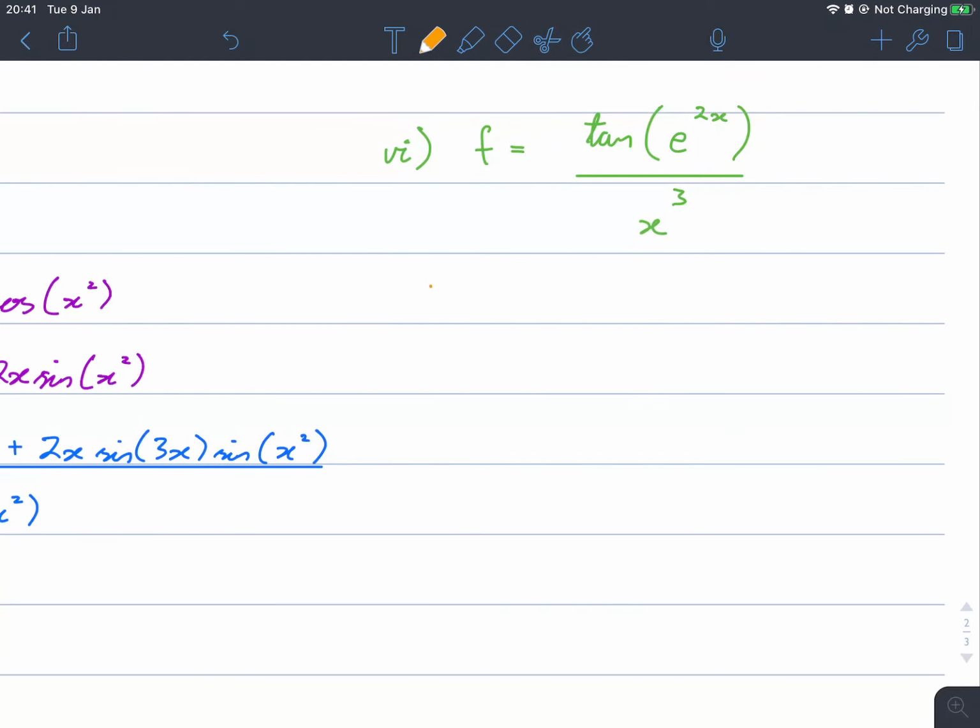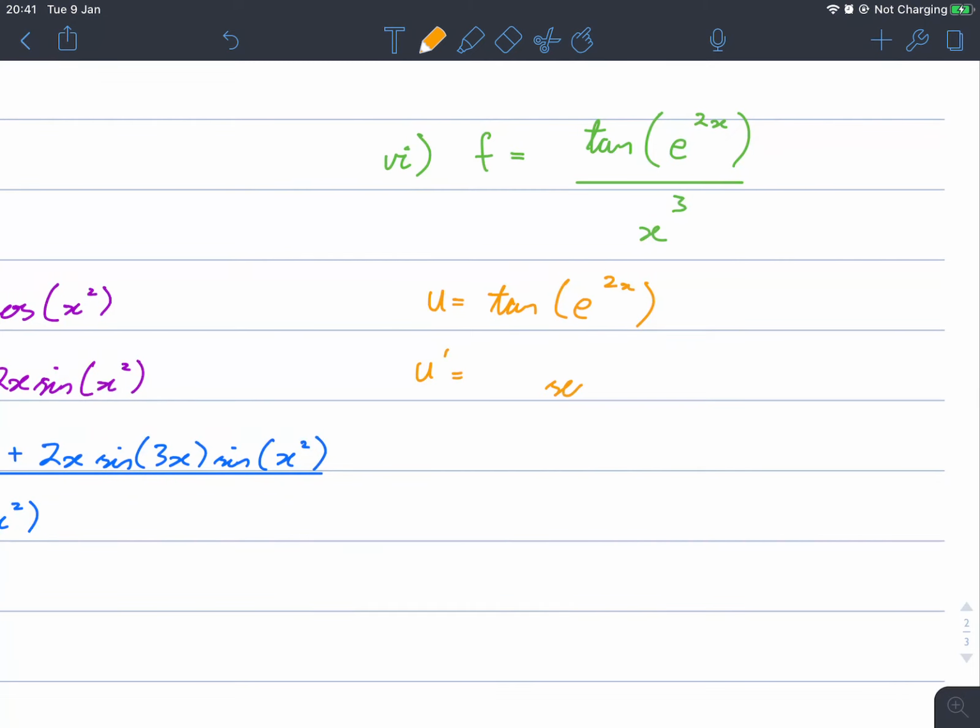This one's very difficult, so we have u being tan of e to the 2x. For u prime, deriving tan, we get sec squared of e to the 2x, but we need to derive e to the 2x, which is 2e to the 2x.